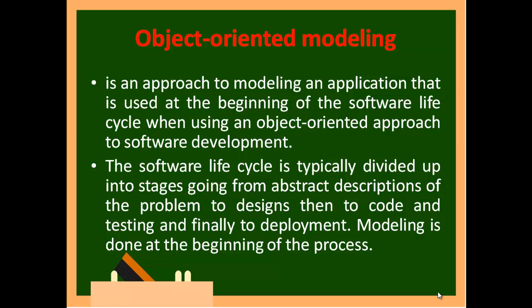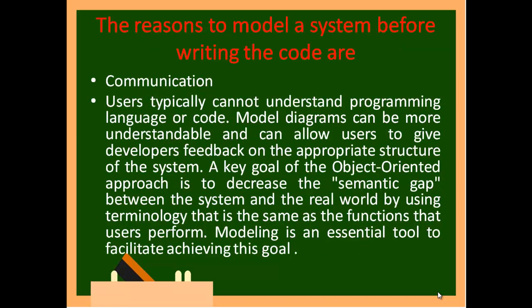Now we are giving an example on our embedded development life cycle itself. We are considering it as object oriented. So what is the first object? The first object will be need, the second object will be conceptualization, then you will proceed. Just an example. The reasons to model a system before writing the code, first one is communication.